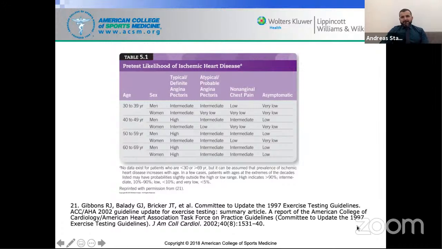So if it's non-anginal chest pain, we don't have to do any kind of invasive exercise tests and so on and so forth. So you can see there's a lower risk compared to the third from the right column. We'll have atypical, probable angina pectoris. Right. So as we move from all the way from the right to the left, the pre-test likelihood, so before the test, of ischemic heart disease becomes higher.